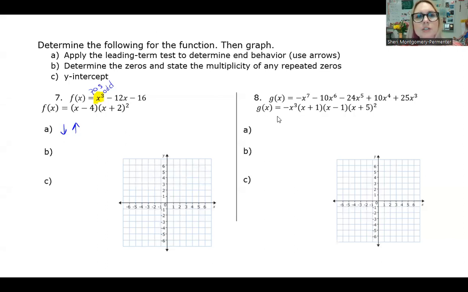Let's look at the leading term. My highest exponent is a 7, so that is my leading term. Most of the time, it's the first thing. This one is negative and odd. Negative tells me that my right arrow faces down. How does my left arrow face? Up.